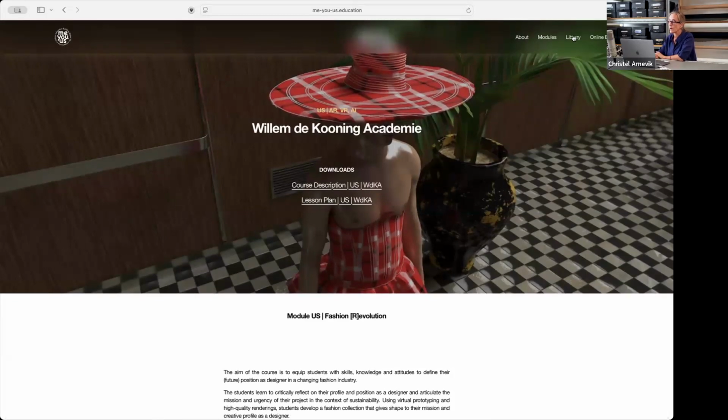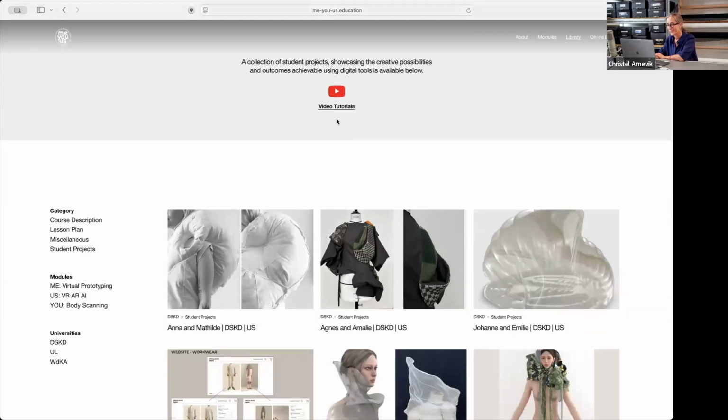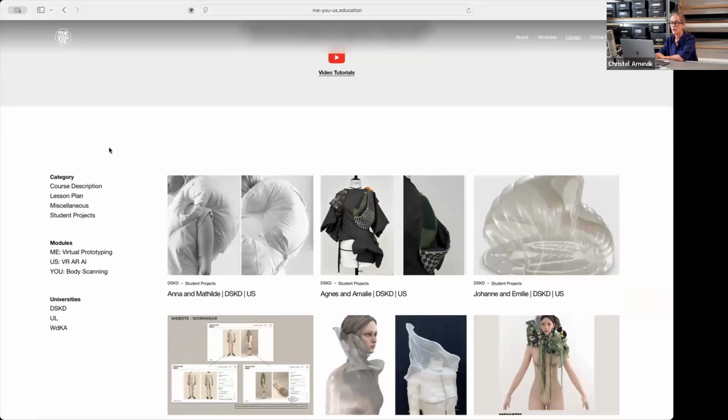Furthermore, when you're on the website, you can go to the library, and here you could be taken to the video tutorial in the middle, but also on the left hand, you will have a menu with categories and modules, or you can go by universities, whatever you want.